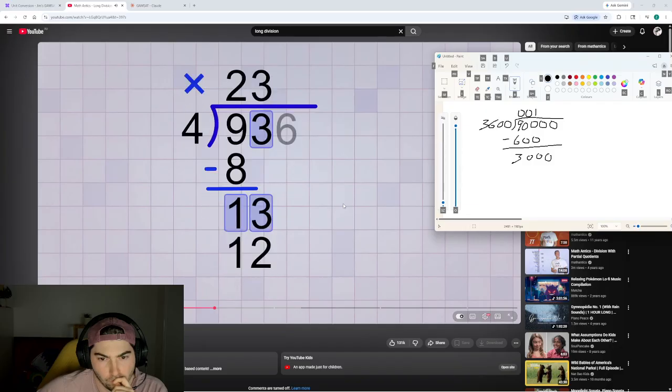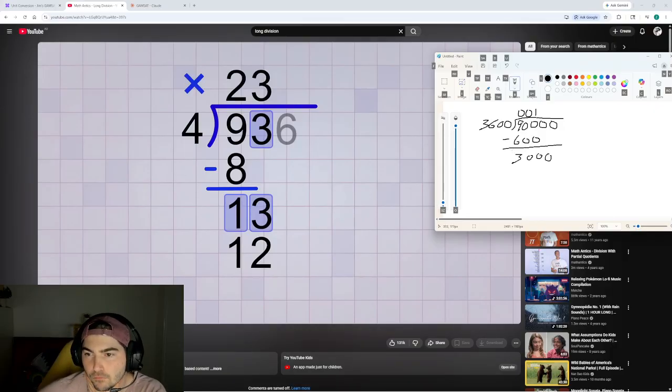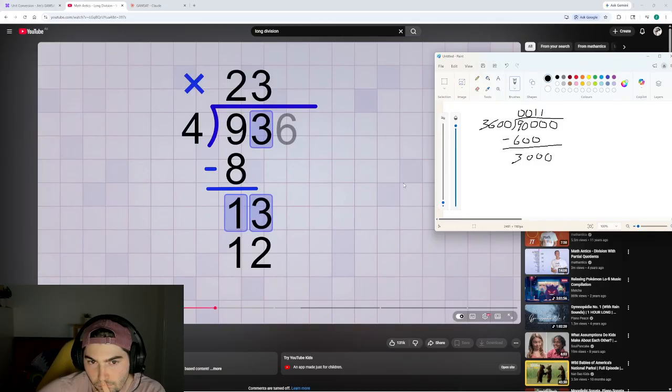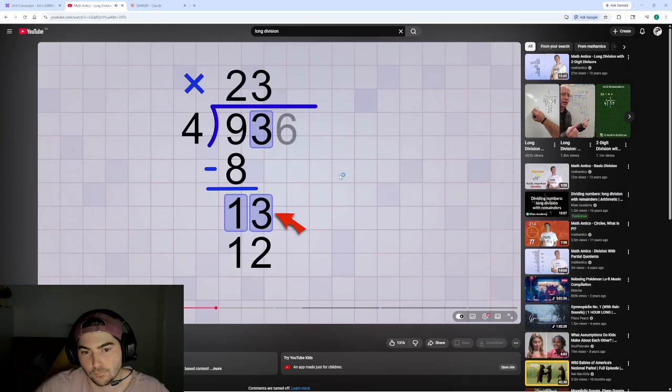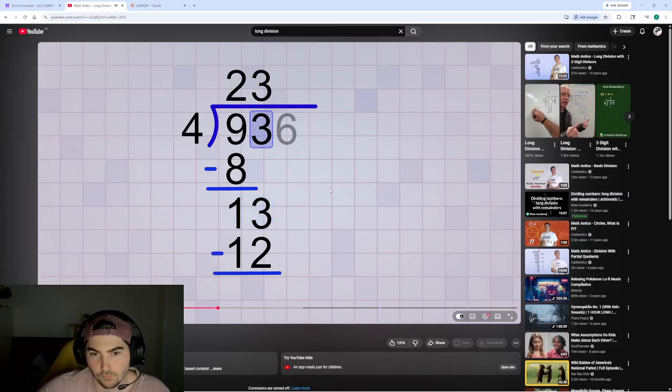And then 3 times 4 is 12, which we put right below the 13 so that we can subtract to get the next remainder, which will also be 1.